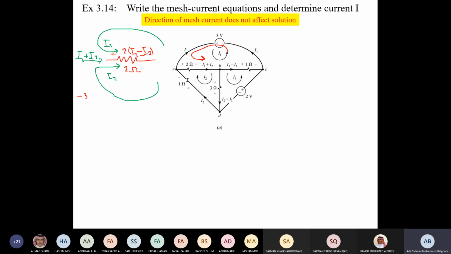Okay, minus I2. Now I write that voltage drop as plus 2 (I1 minus I2).